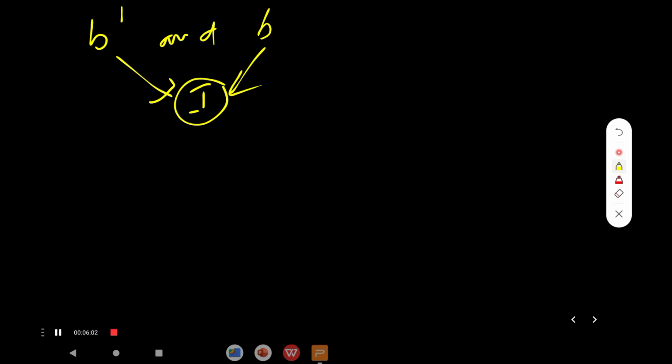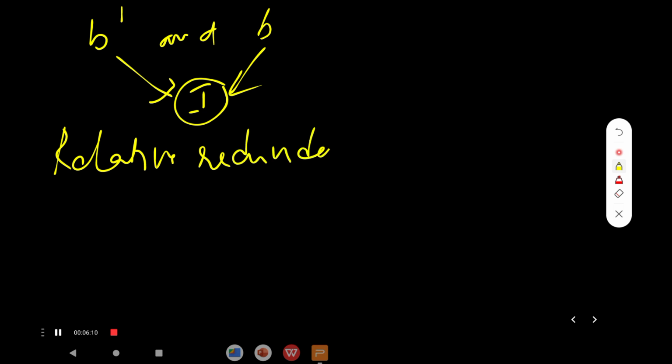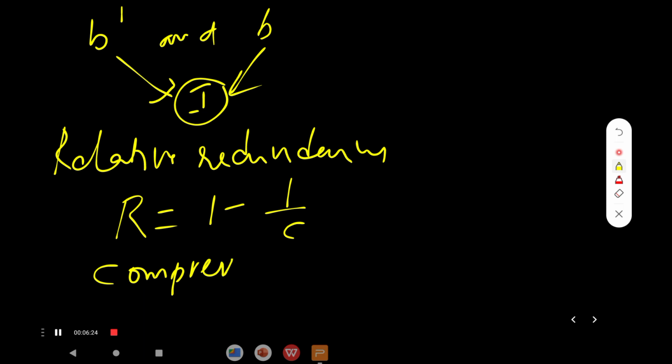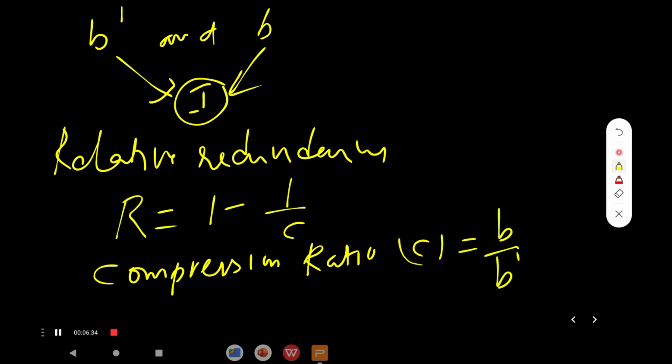Here the relative redundancy R is equal to 1 minus 1 by C, where C is the compression ratio. The compression ratio C is equal to b by b bar, that is, the ratio of b to b bar.